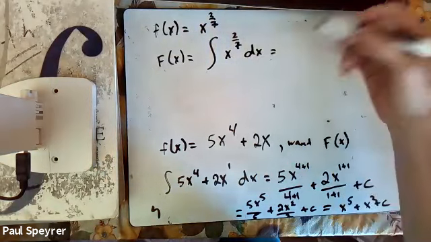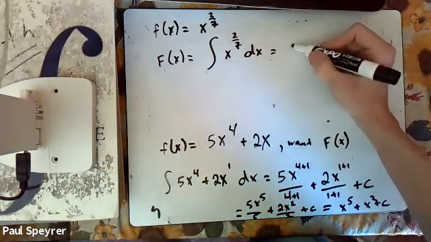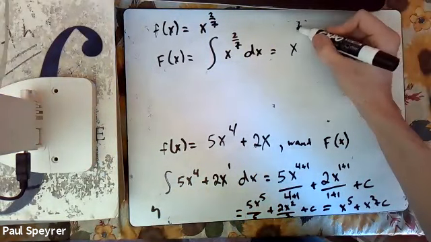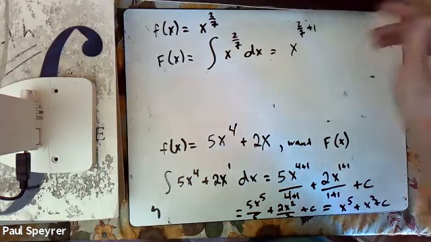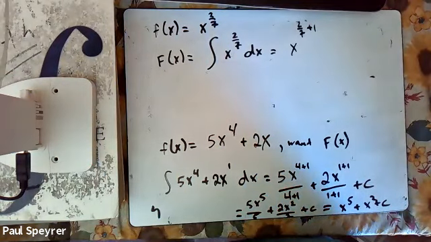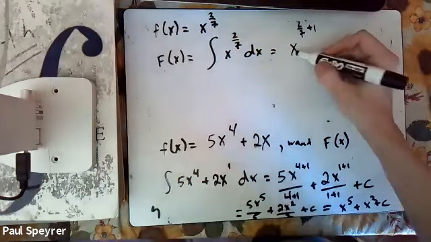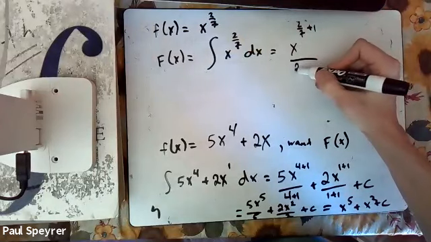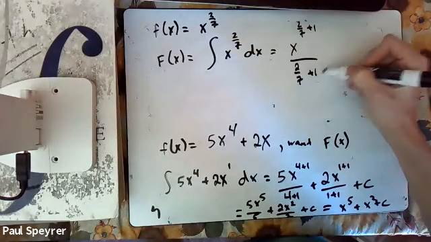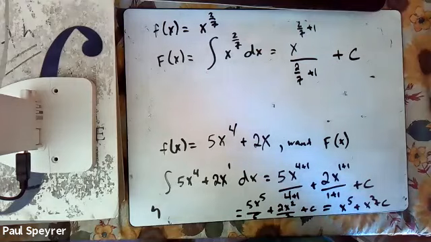x to the n plus 1 over n plus 1, plus c. So this is x to the 2/7 plus 1, right, over 2/7 plus 1, and then plus c.